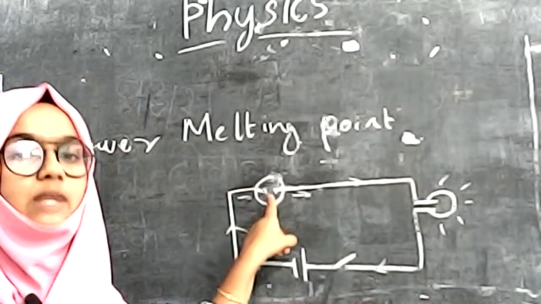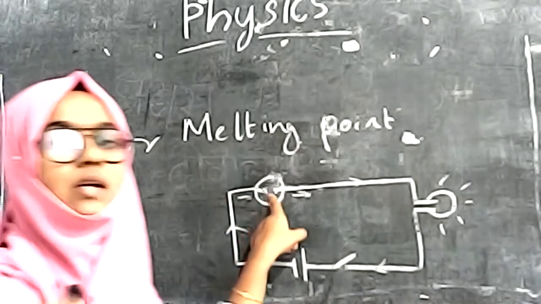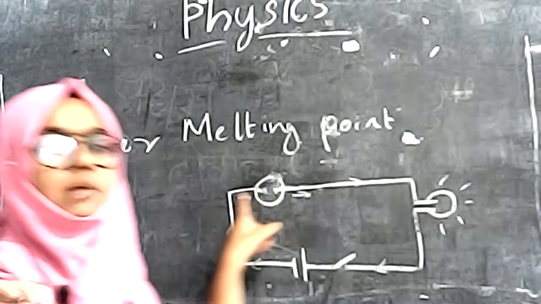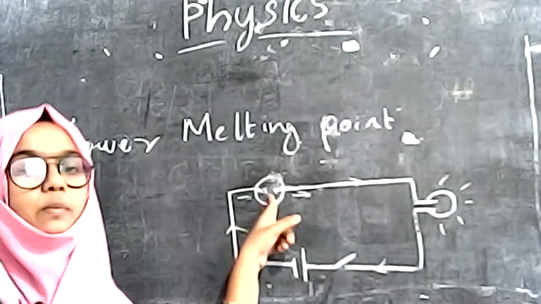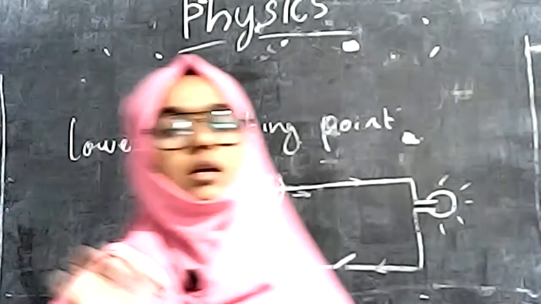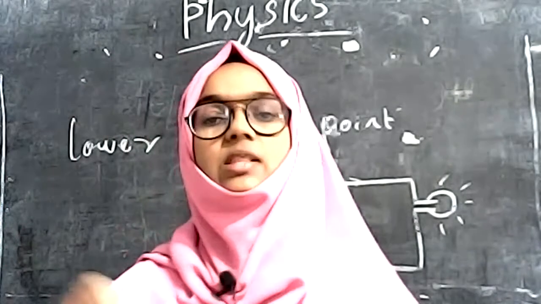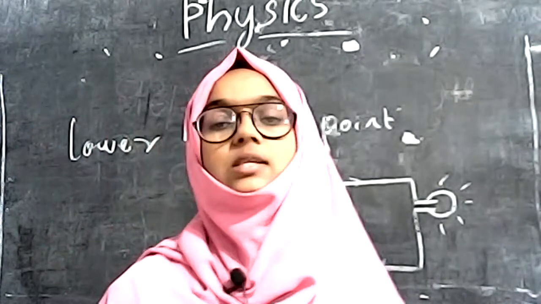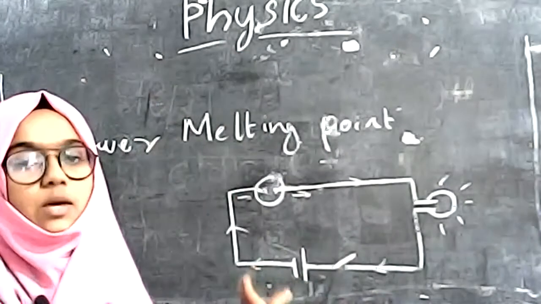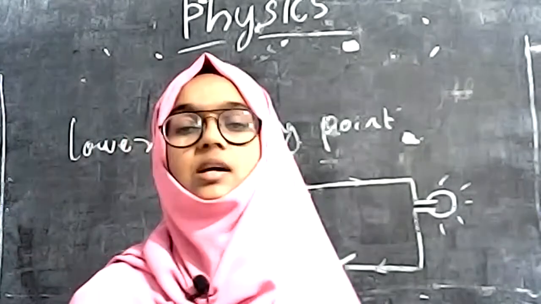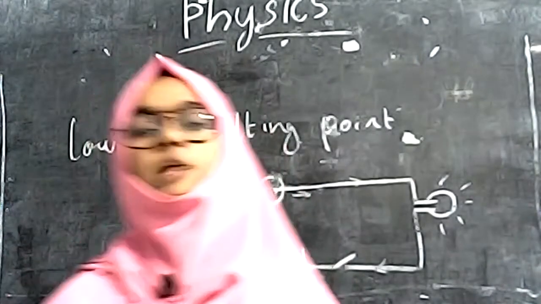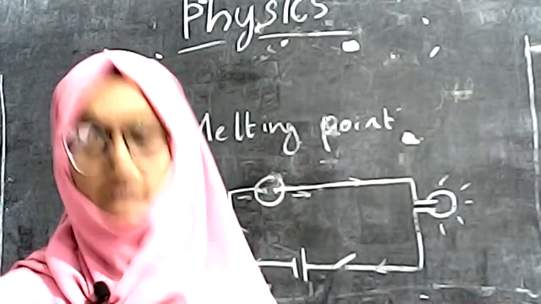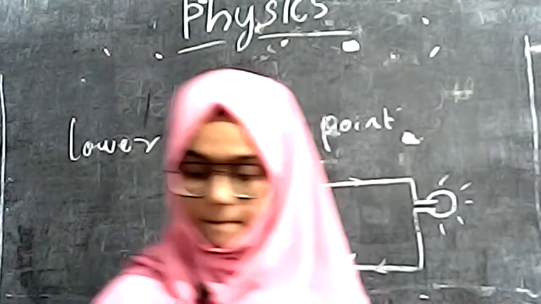In overloading time, more electricity passes through this fuse wire in a specific time, and that makes the fuse wire break and the circuit disconnect from the electricity. The electricity is cut off from this circuit, and the safety fuse helps us by avoiding burning or fire. Okay.